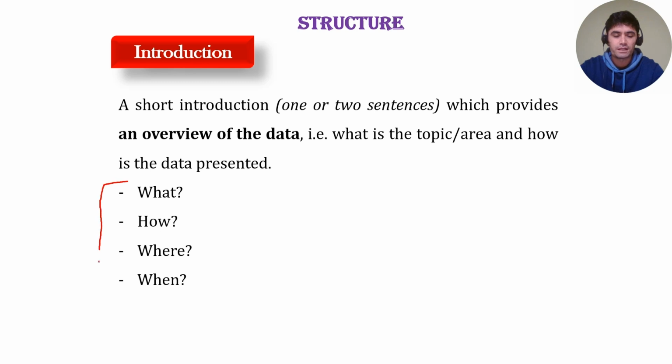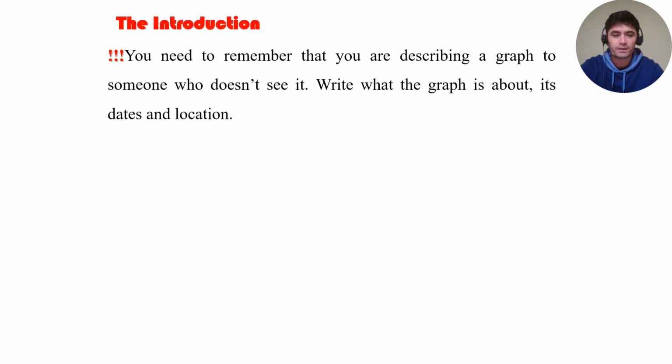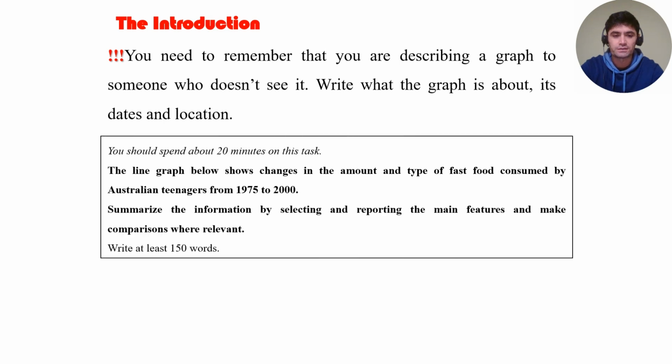In your introduction, usually answer these questions: what, how, where, and when. Some more things about the introduction. You need to remember that you're describing a graph to someone who doesn't see it, right? What the graph is about, its dates and location.